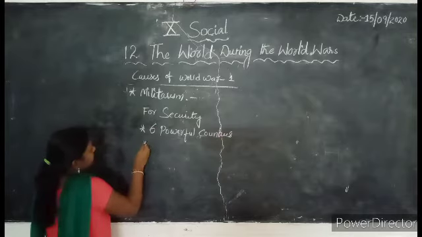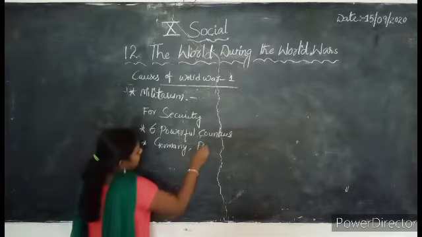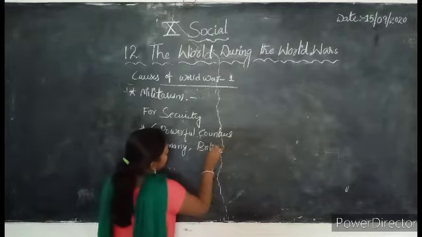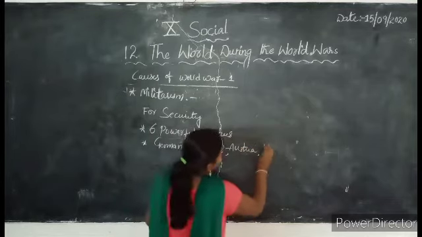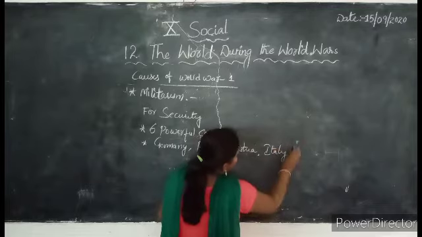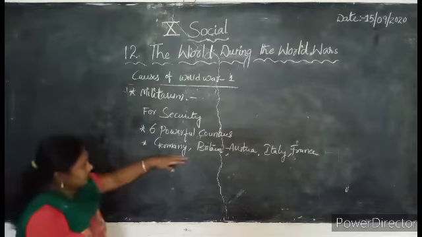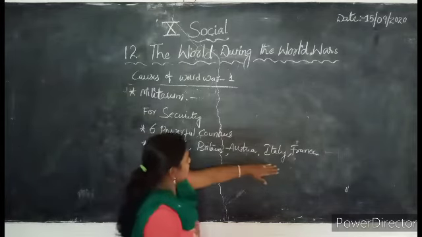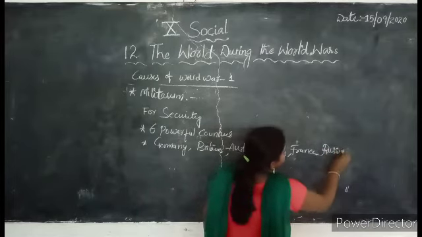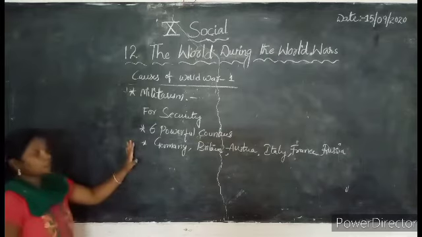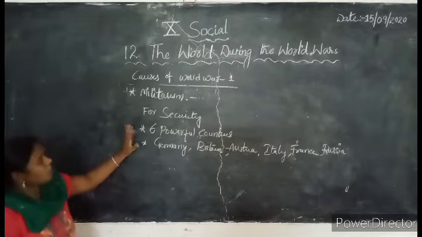For example, Germany, Britain, Austria, Italy, France, and the last one is Russia. These are the six powerful countries that started spending more money in order to increase their military power.